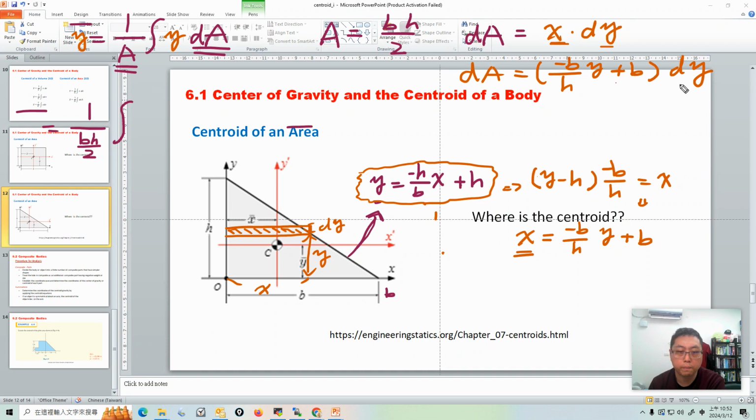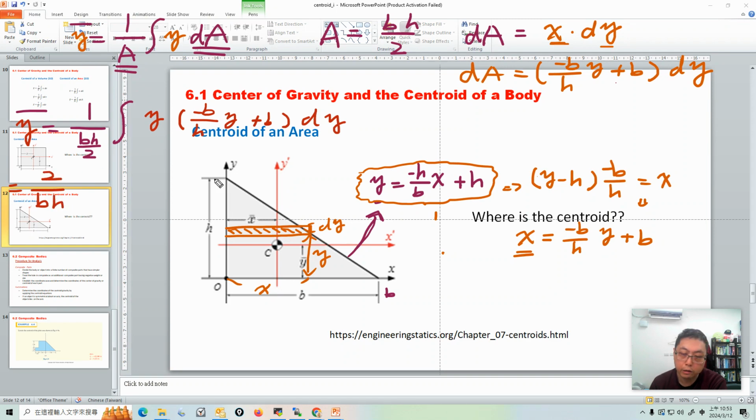So we calculate the y bar: 1 over A is the same, 2 over bh. And y doesn't move. And we have to switch dA. dA is minus b over h y plus b, dy.